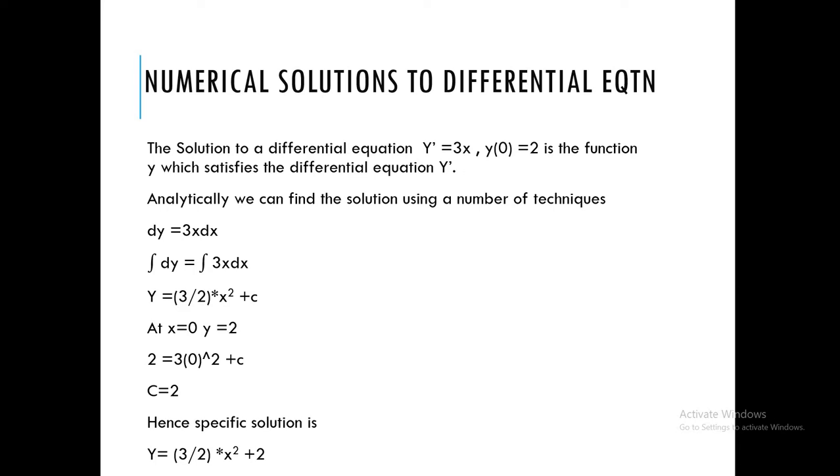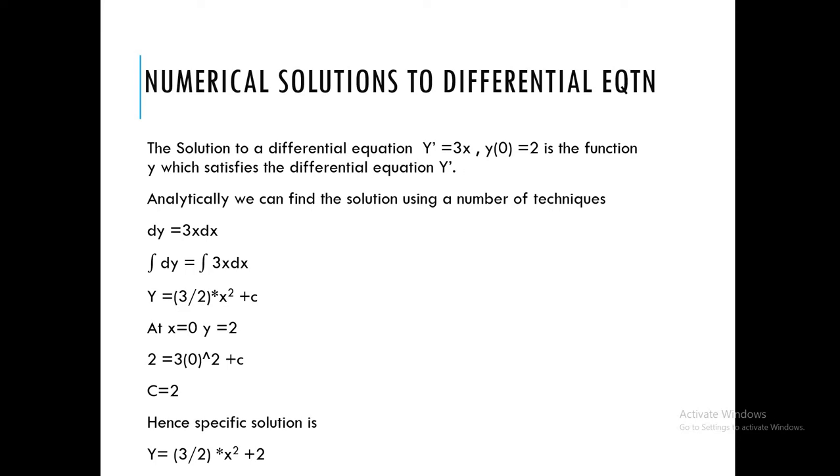But given the initial condition, at x equals 0, y equals 2, we can find c by substituting the values of y and x into the general equation to get c equals 2. Hence the specific solution to the system is y equals 3 over 2 x squared plus 2.